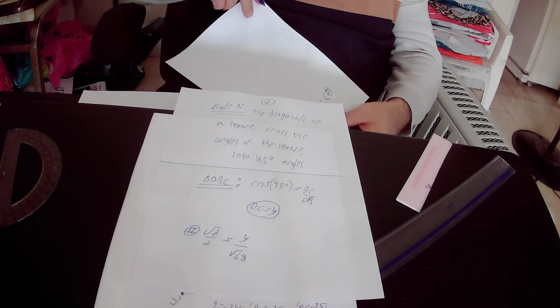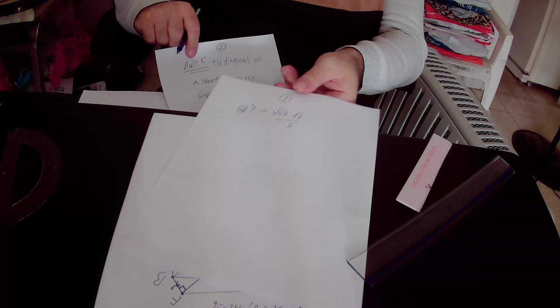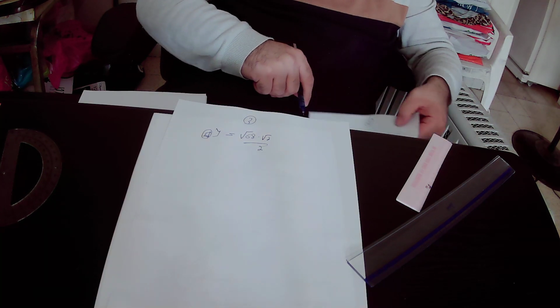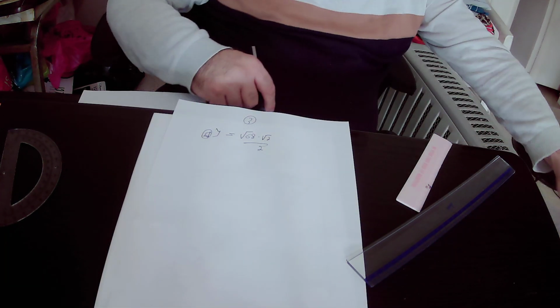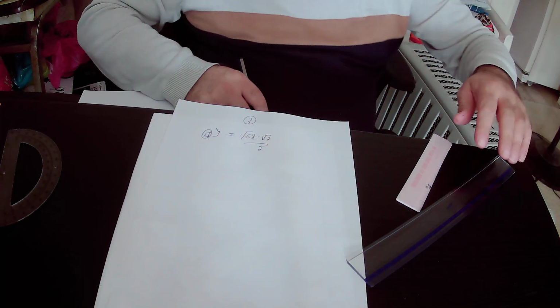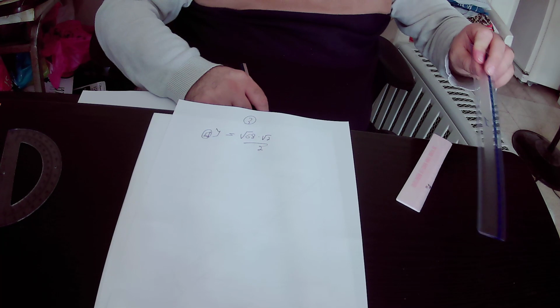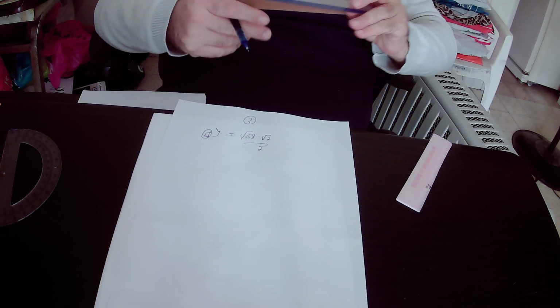Okay, I found out that y equals square root of 68 times square root of 2 over 2. Okay, we know that 68 is 34 times 2, so I write it down.